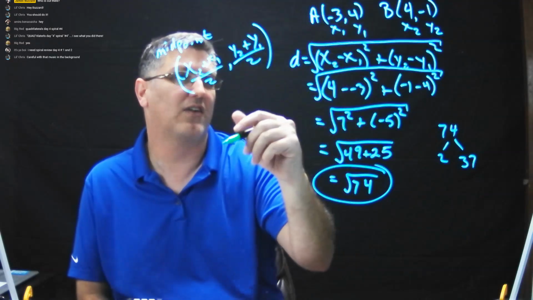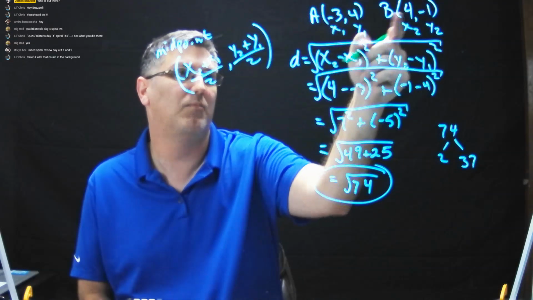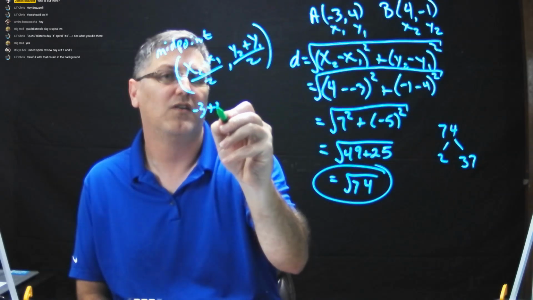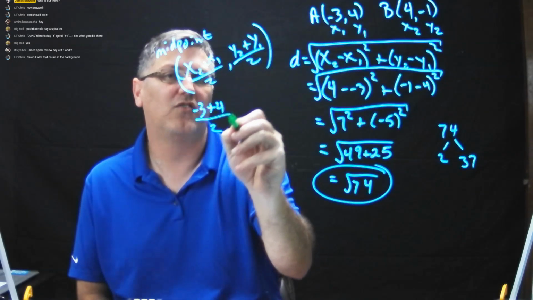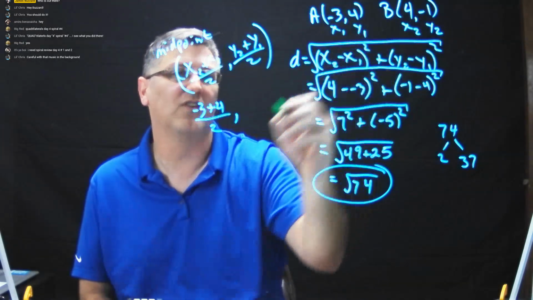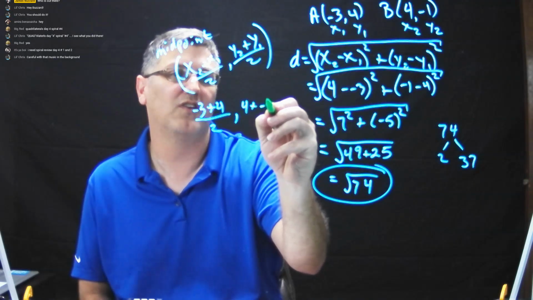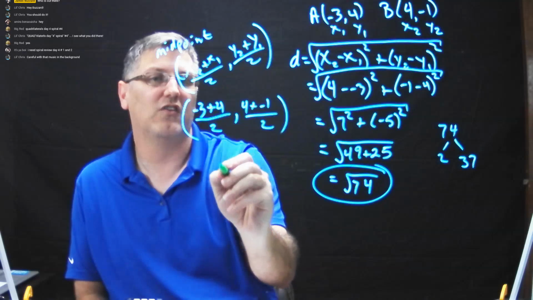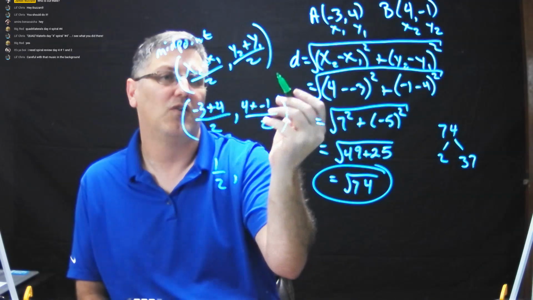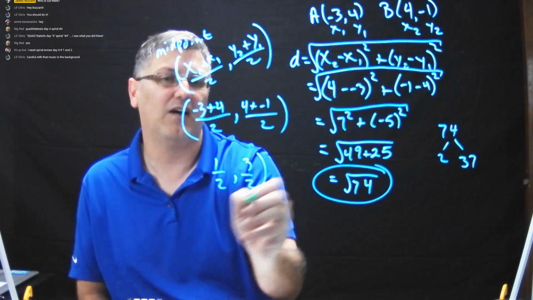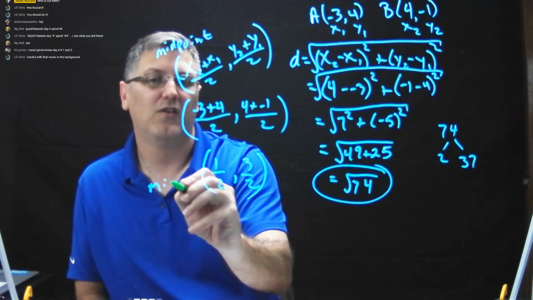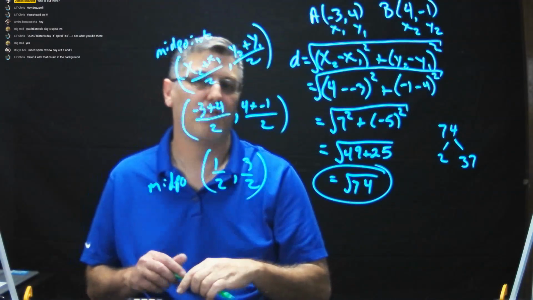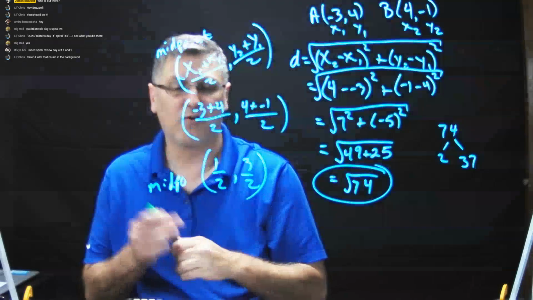Negative 3 plus 4 divided by 2, and 4 plus a negative 1 divided by 2. Just do the arithmetic. This gives me 1/2, and this gives me 3/2, and there's your midpoint. Pretty straightforward. I'm not going to finish writing it.